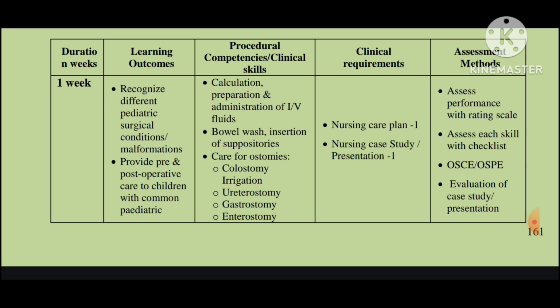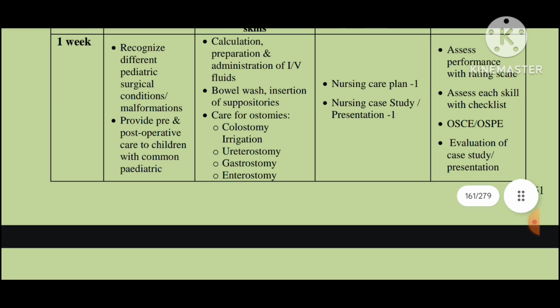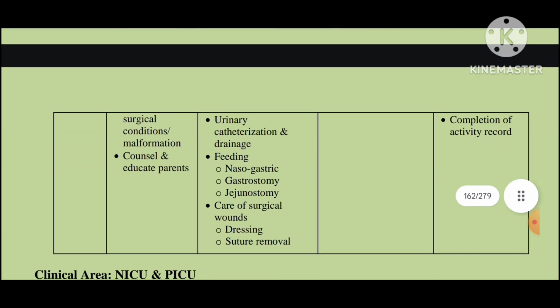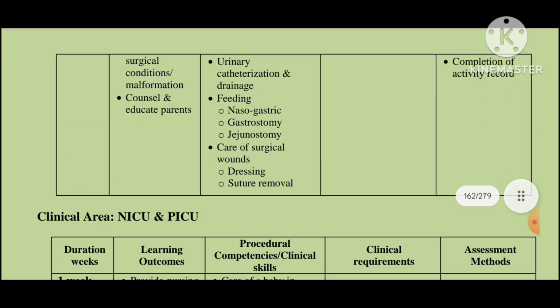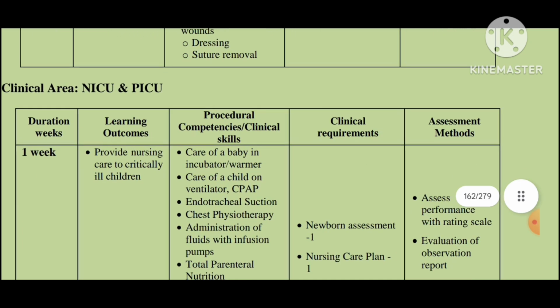The various procedures you are supposed to do are administration of IV fluids, bowel wash, insertion of suppositories, care of ostomies, various ostomies like colostomy, ureterostomy, gastrostomy, enterostomy, urinary catheterization and drainage. Assisting in feeding, nasogastric, gastrostomy and jejunostomy, care of surgical wounds.